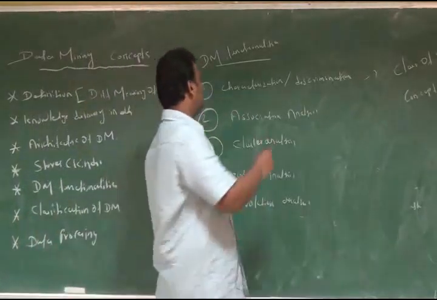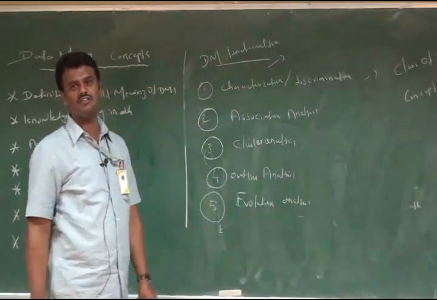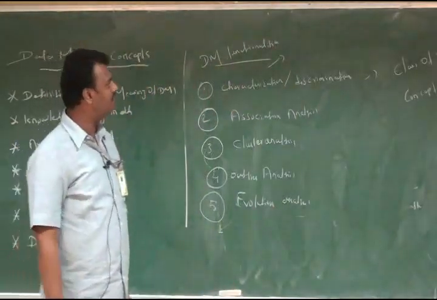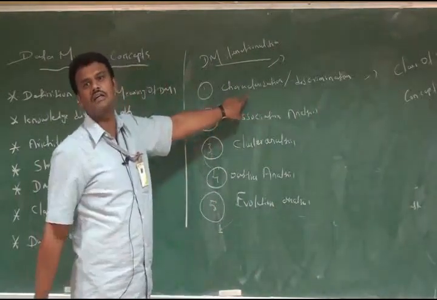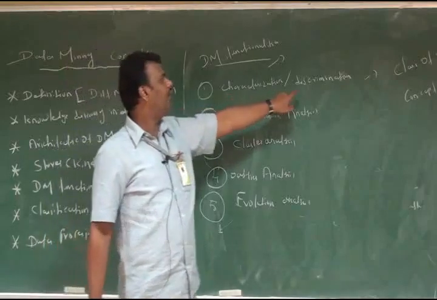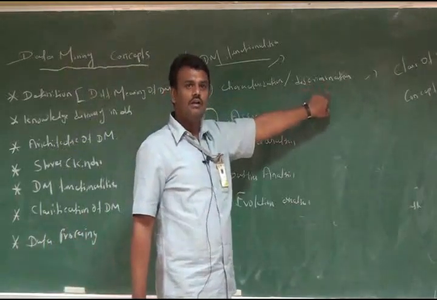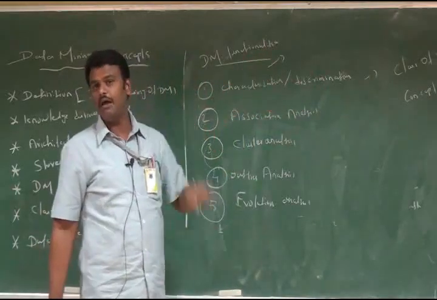Here, what do you mean by characterization? It is the summary of the general characteristics of the data, or the target class. What do you mean by discrimination? In discrimination, we compare the target class with one or more comparative classes.